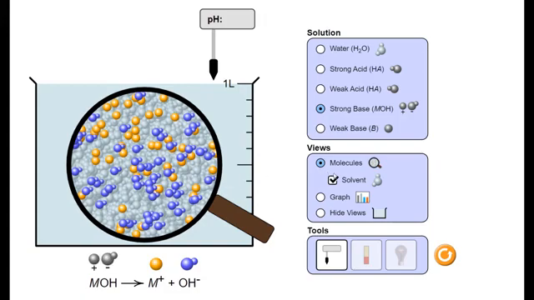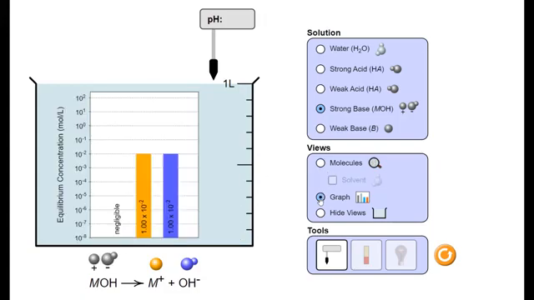We can also see that if I look at this graph. This graph is showing the concentration, moles per liter, which is molarity. We can see that my metal hydroxide is undetectable, and that it has dissociated into equal amounts of my metal cation and my hydroxide anion.